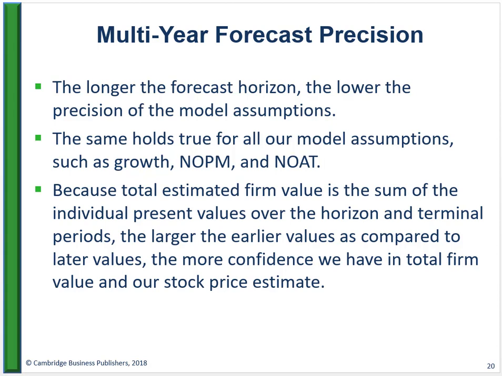So because total estimated firm value, and I'm on the last bullet point here, because that total firm value is the sum of those individual present values over the horizon and terminal periods, the longer that forecast horizon, the more confidence we have in total firm value and our stock price, or rather the other way around.